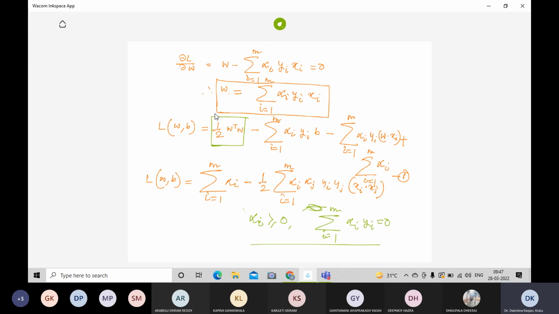So now we will design the classifier for the unknown sample after estimating the weight vector and bias.